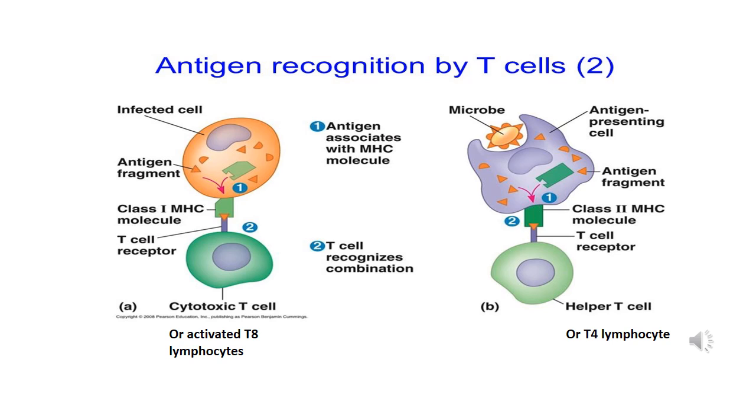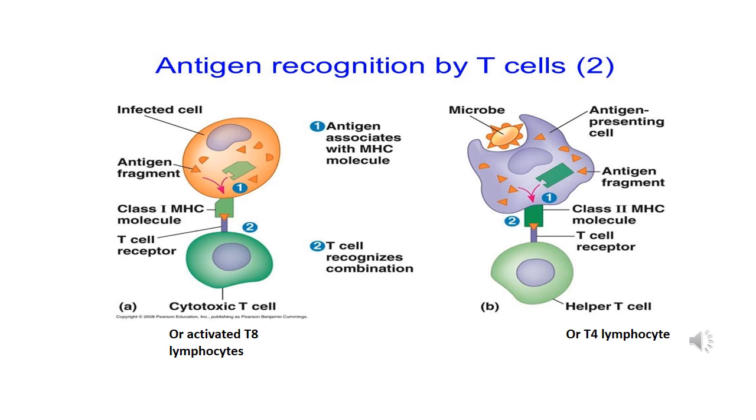Then in a second step, the T8 recognizes the antigen carried by the MHC class 1 molecule on the surface of the infected cell. Or it could be a tumor cell, not necessarily an infected cell.